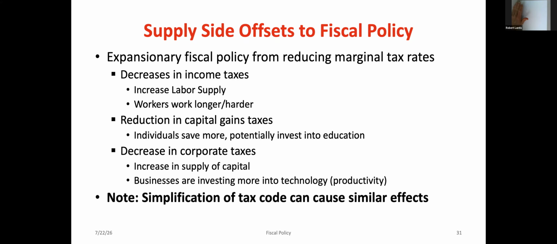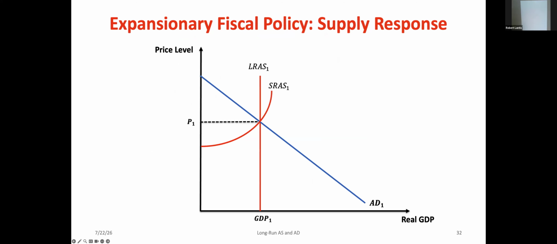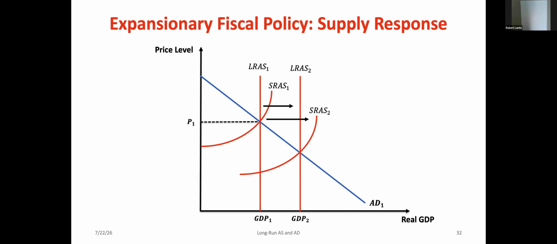And I made a note here. For all of these, it doesn't matter if the actual taxes occur right now or if we expect them to happen tomorrow. Well, what is a change in productivity, education, or labor supply? It's one of our factors of production. So if we think about when we had an increase in one of those factors, what did that do? It shifted our long run aggregate supply and our short run aggregate supply at the same time.